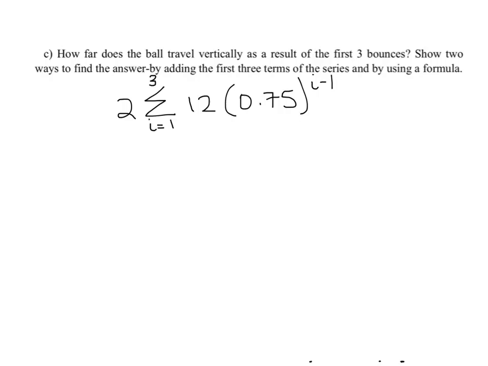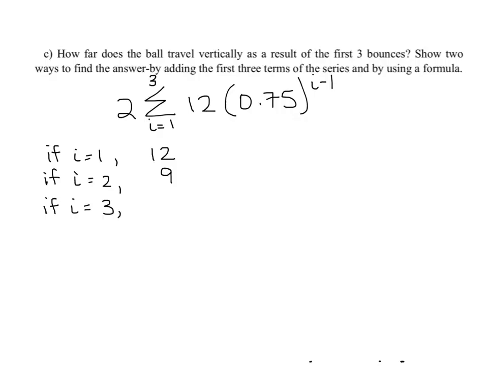So if I'm going to do the first 3 terms, I want to think of if I plug in a 1 here for the i, if i is 1, then 12 is the first term. If i equals 2, then we already discovered that 9 was the next one. And if i equals 3, that's 12 times 0.75 squared.